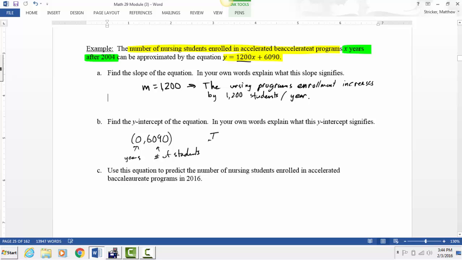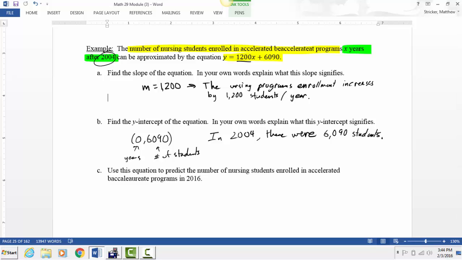That means in 2004, there were 6,090 students enrolled in the program.